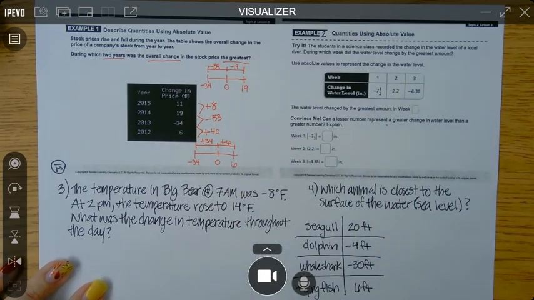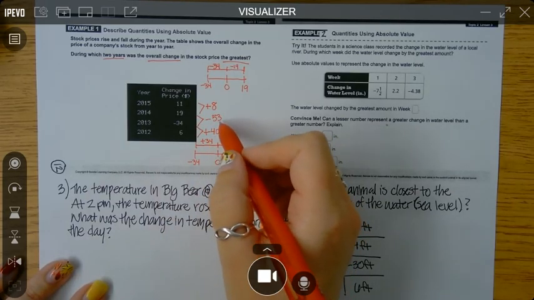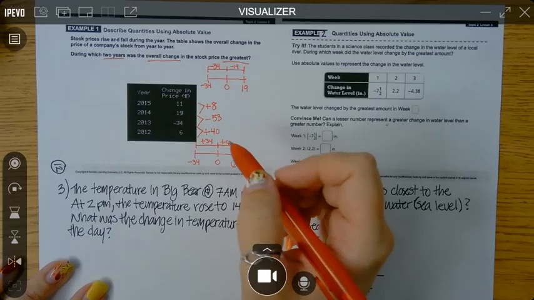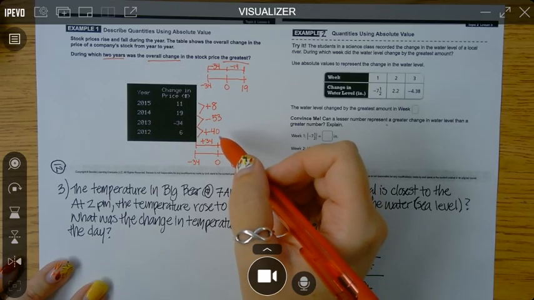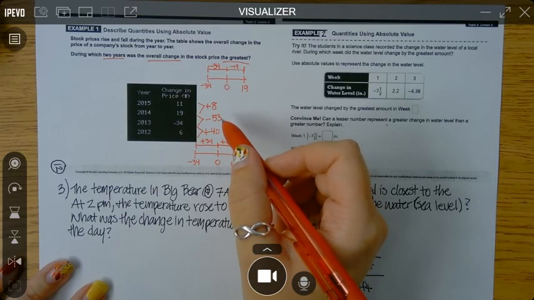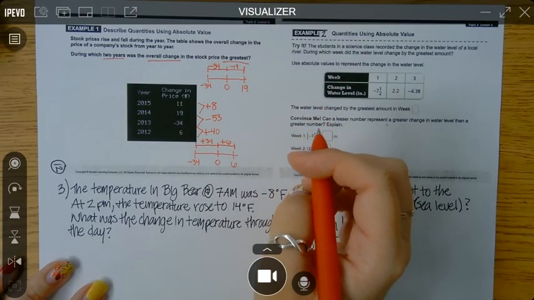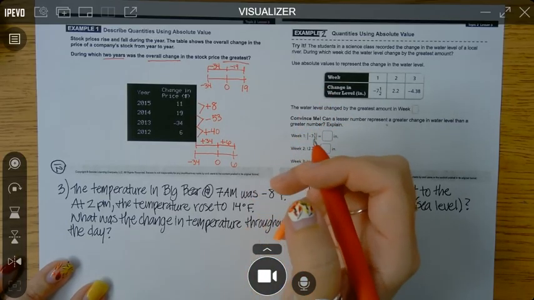So between which 2 years did it change the most? Okay. Do we say this because 40 is greater than 53? I mean, essentially, yes. The number 40 is bigger than negative 53. You are right in that. But they want to know which change was the greatest.